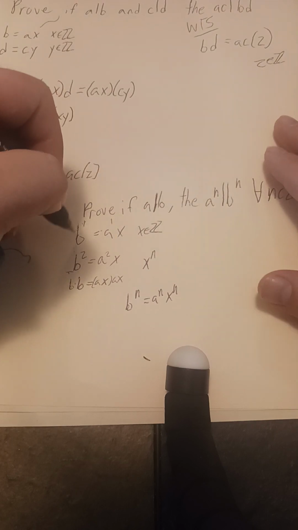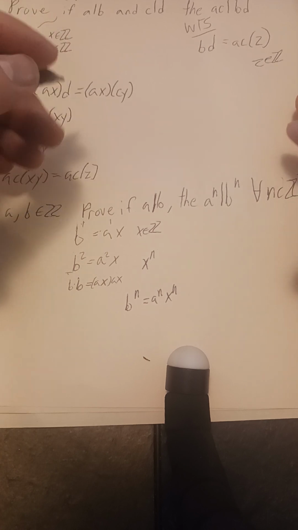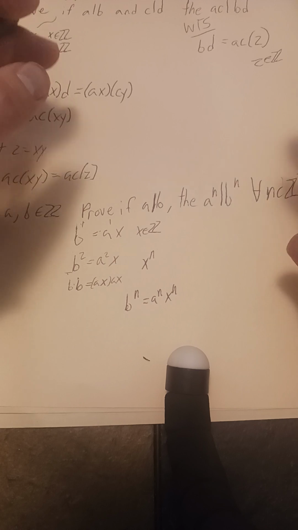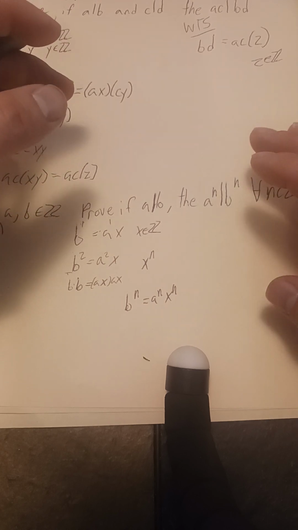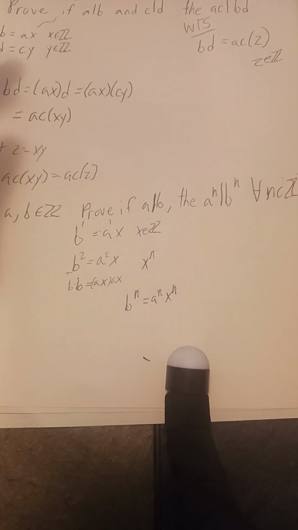I think all we have to do is say B is equal to AX for X inside the integers. And I think we can say that for any N, raise both sides of the equation to the N power, B to the N equals A to the N times X to the N, and you have your answer. I'm pretty sure that proves it.